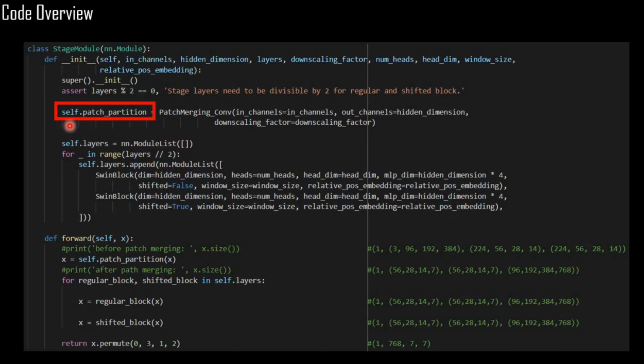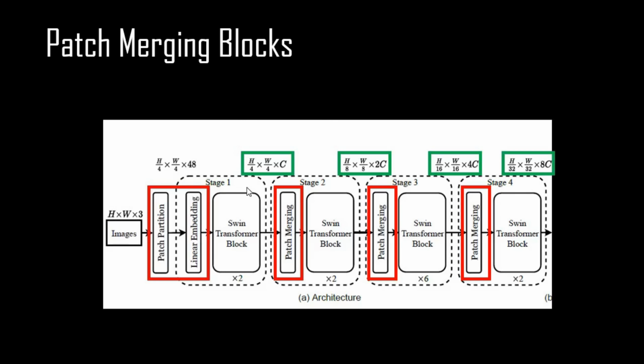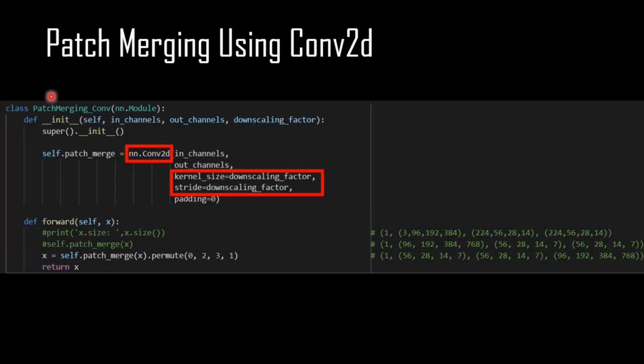And in the code, we saw that for this patch partition, we are using patch merging. And patch merging basically is going to create this hierarchical structure for us. In our code, we show that using patch merging with a conv, when we are using a Conv2d, we are able to perform this patch merging, and the idea was to have the kernel size and stride equal to the downscaling factor.